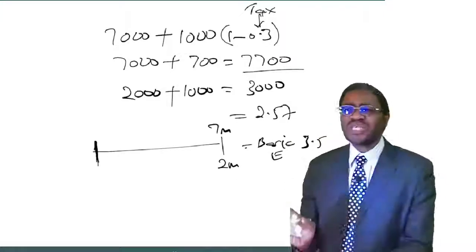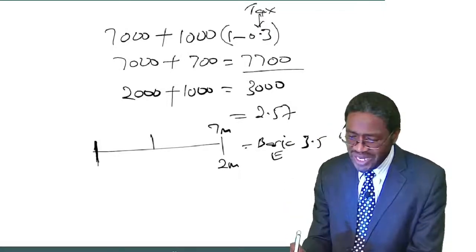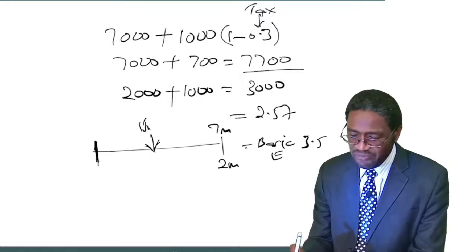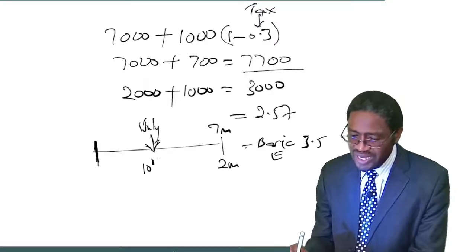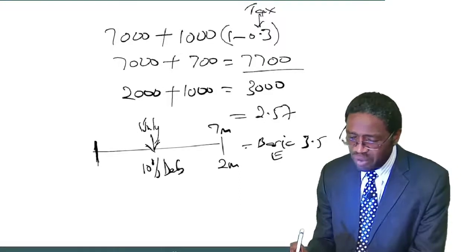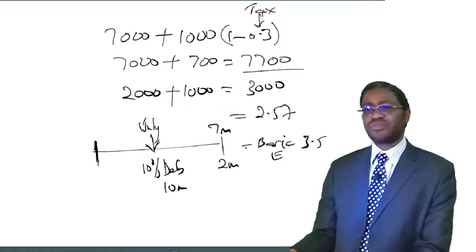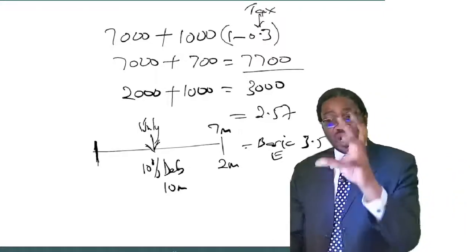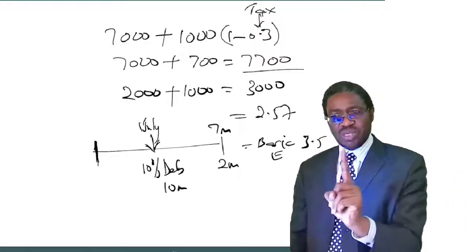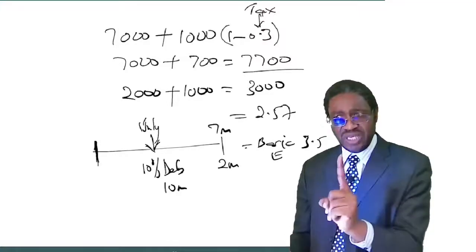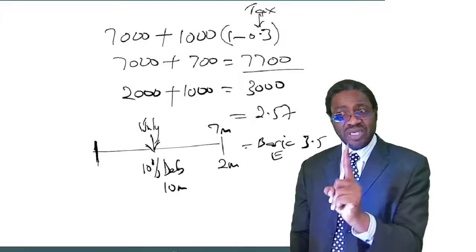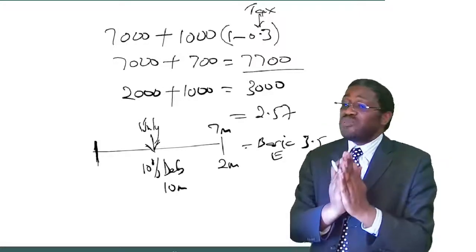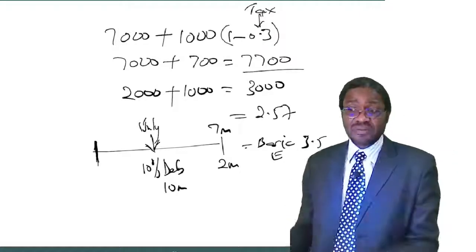But listen to this now. What if your company had issued the debentures in between the year? Maybe on 1st July, that's when your company issued 10% convertible debentures worth 10 million. It means that you never paid your debenture holders interest for the whole year.